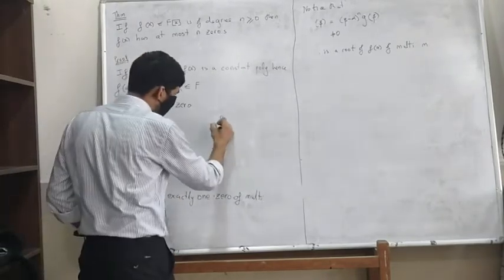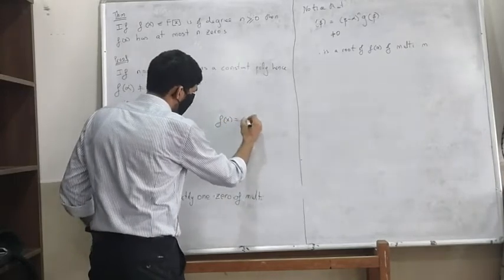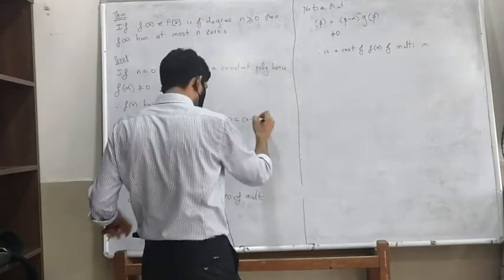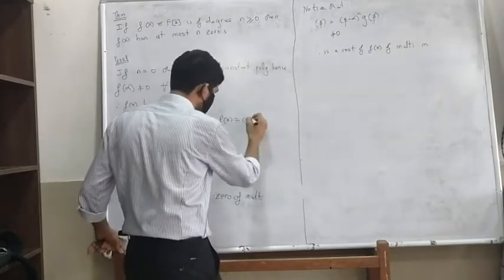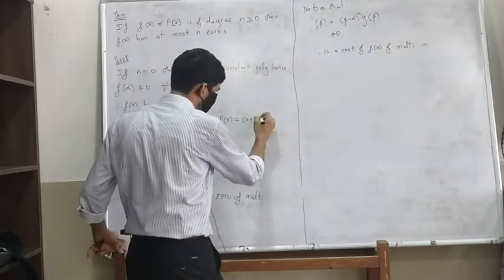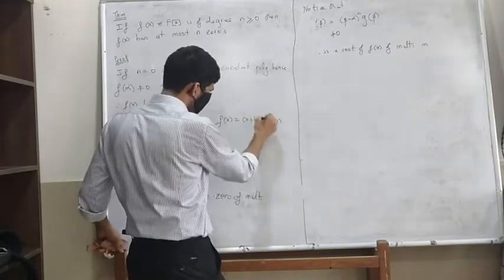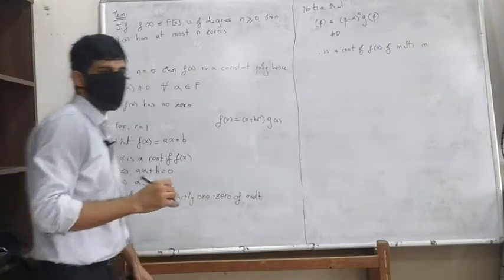You need to write f of x as x minus b by a, so x plus b a inverse, times g of x, where g of minus b times a inverse is non-zero.